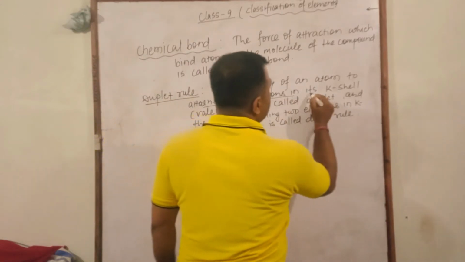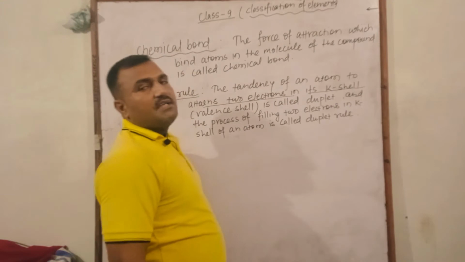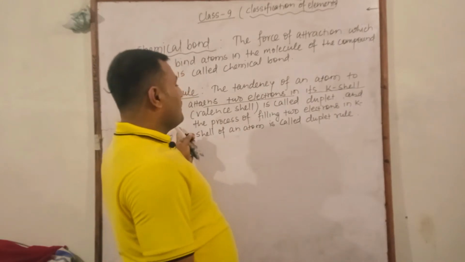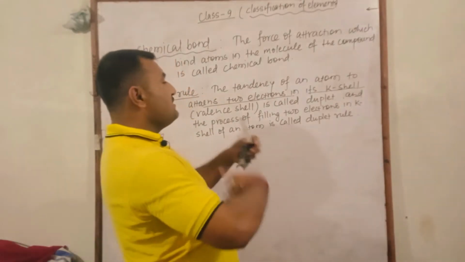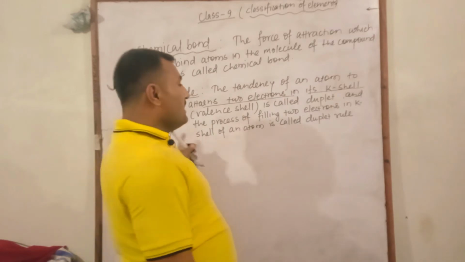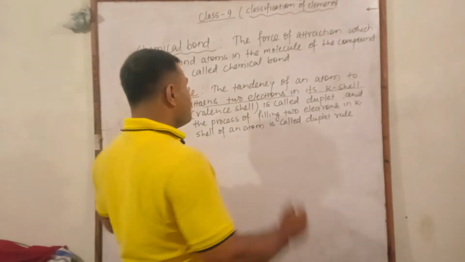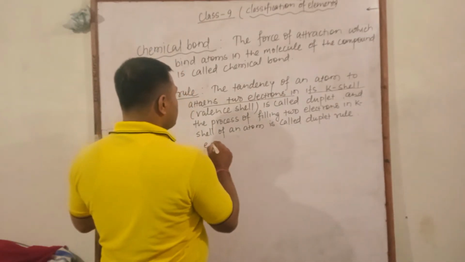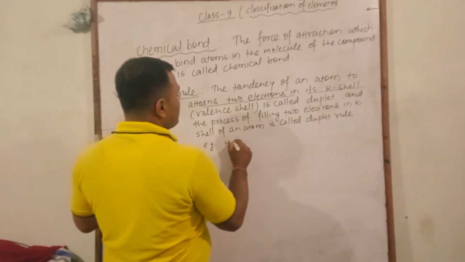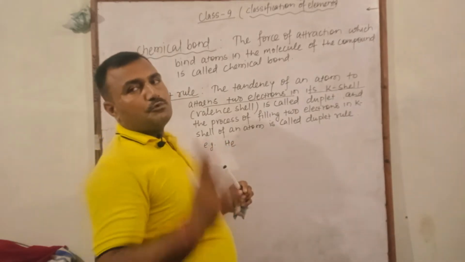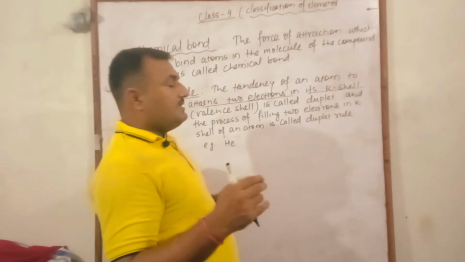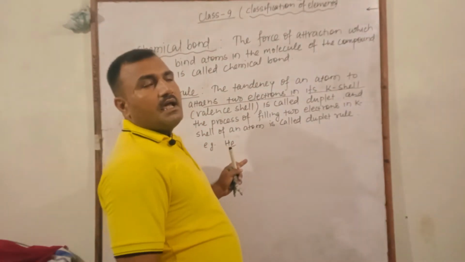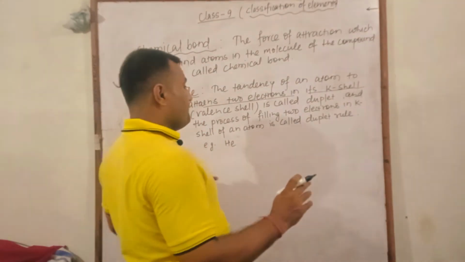Generally, an atom tries to complete the K cell with two electrons. Therefore, an atom tries to attain a duplet state to gain its stability. What are examples of duplet state? Helium. In helium, two electrons are found in the first cell, K cell, and it is inert in nature.